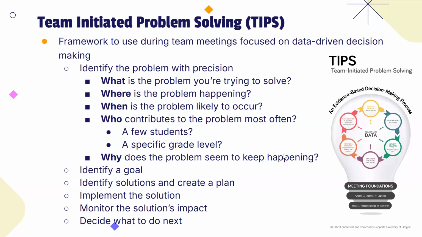With tier 2 and tier 3, one model that is brought up a lot for meetings and meeting frameworks is the team initiated problem solving, or what we call TIPS. It is a kind of lengthy, but really good resource used to identify the problem areas or those students, and really helps to formulate our meetings to make sure that we are looking at the who, what, when, where, why, identifying a goal, and then identifying those solutions.